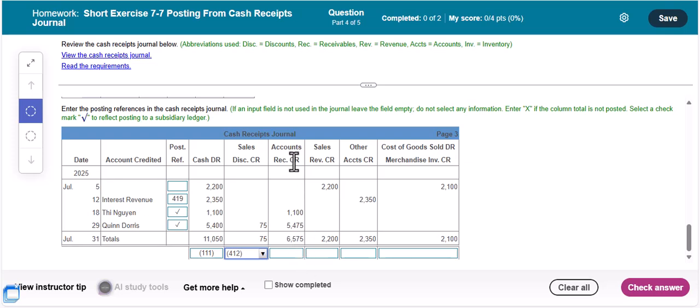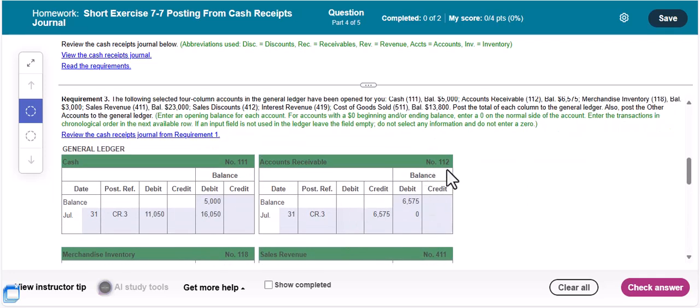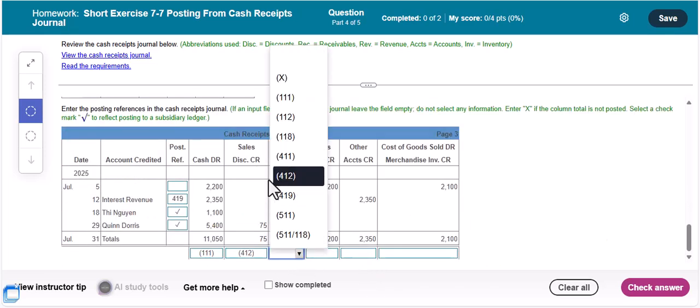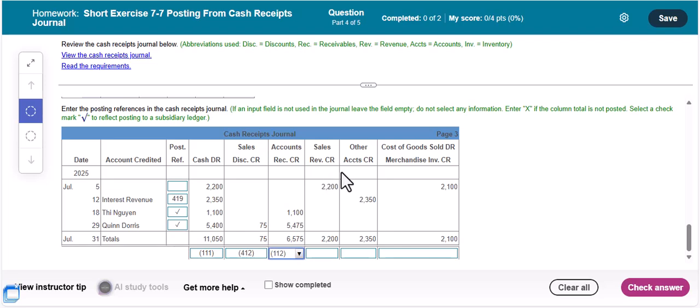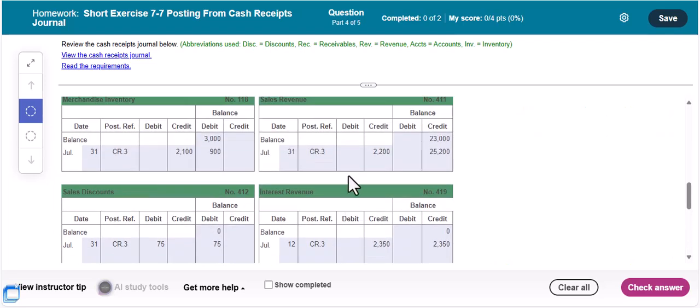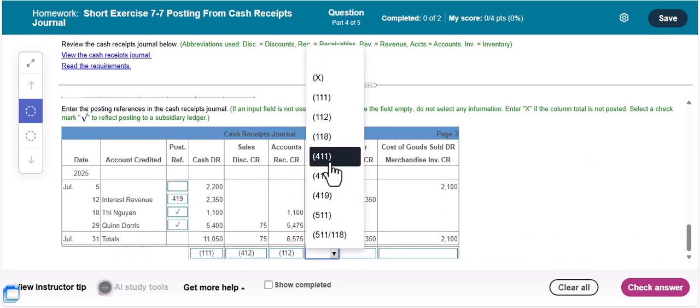And then accounts receivable credit. So let's find our accounts receivable. That is 112. Posted that. Sales revenue credit. Let's find our sales revenue account. And that is 411. Posted that.